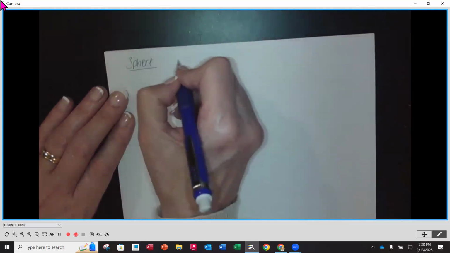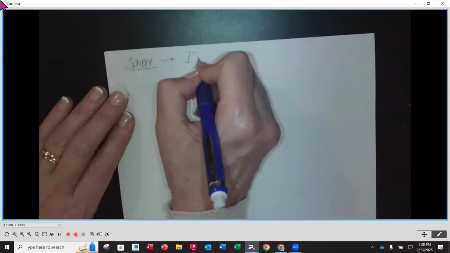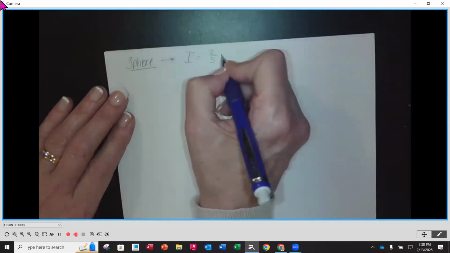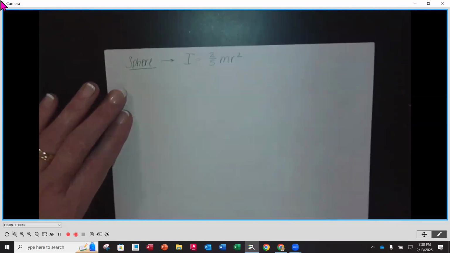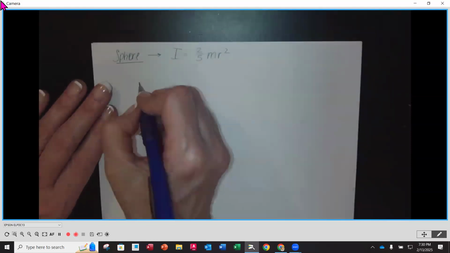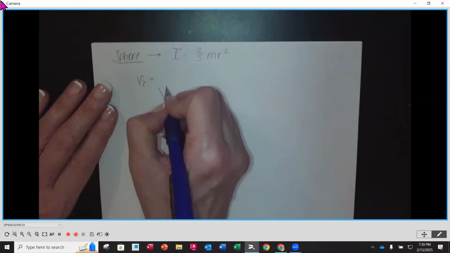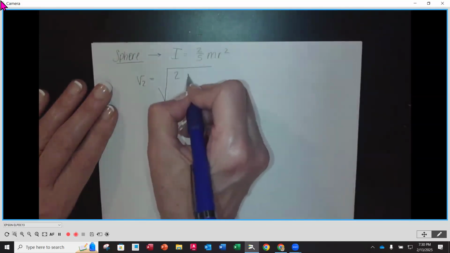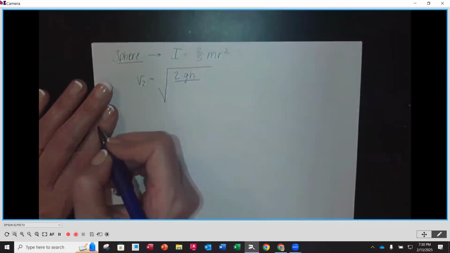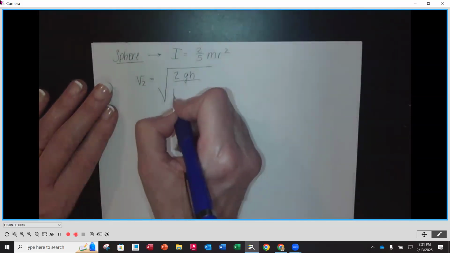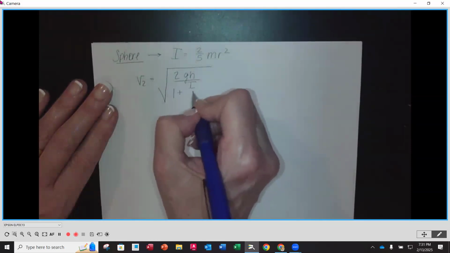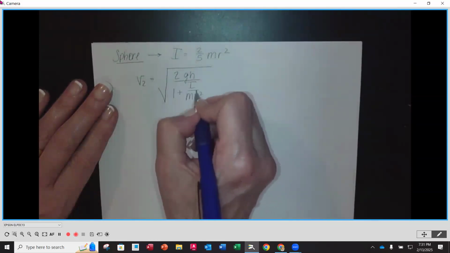We know that for a sphere, I is equal to 2/5 mr squared. So I'm going to take that equation that I just had, V2 is equal to the square root of 2gh on top divided by 1 plus I over mr squared.